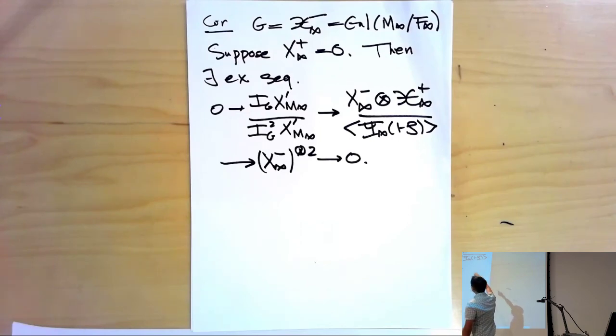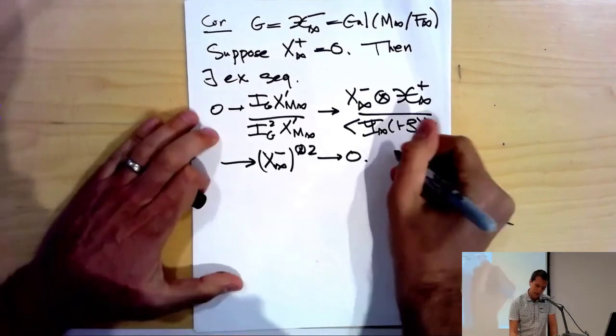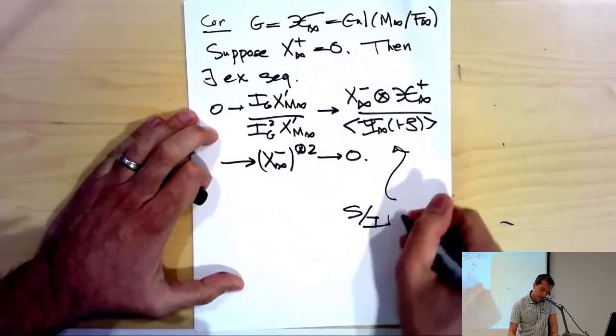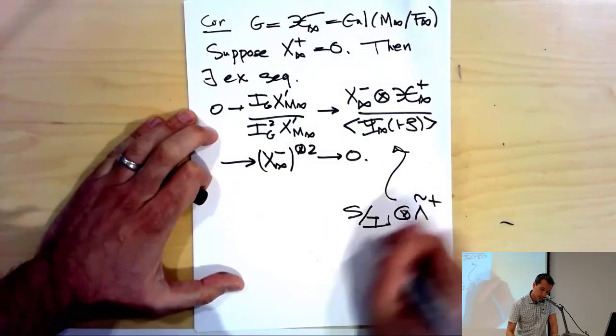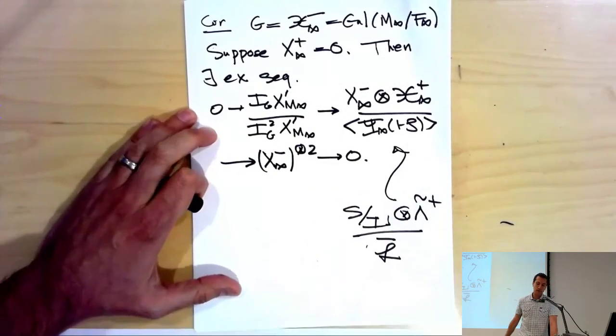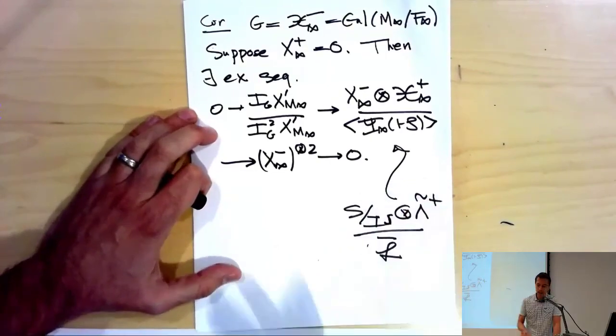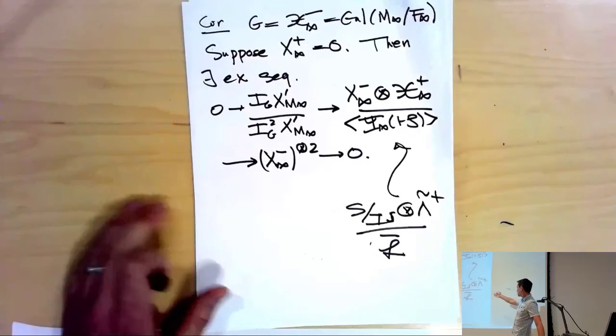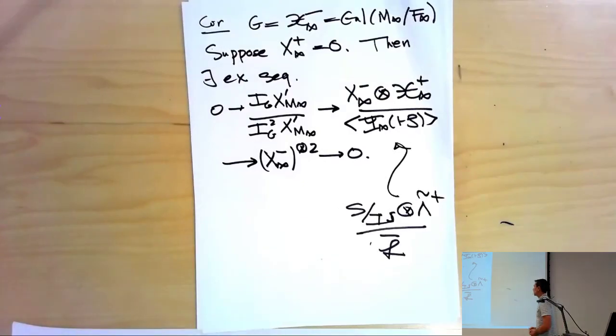Actually, what I should have said is that this is S mod IS tensor lambda tilde plus mod L bar. So it's being controlled by the residual thing in the main conjecture for modular forms. So anyway, I think I'll end there.